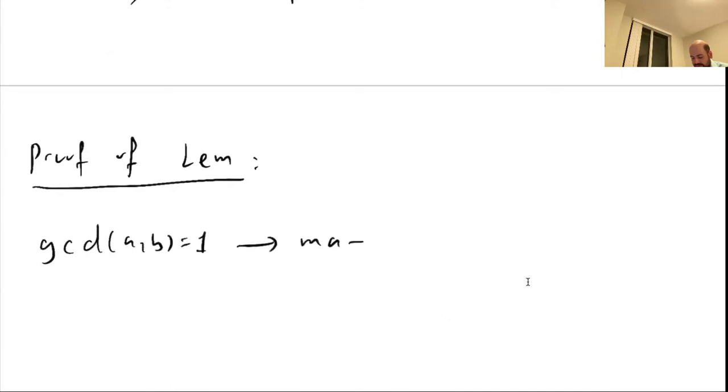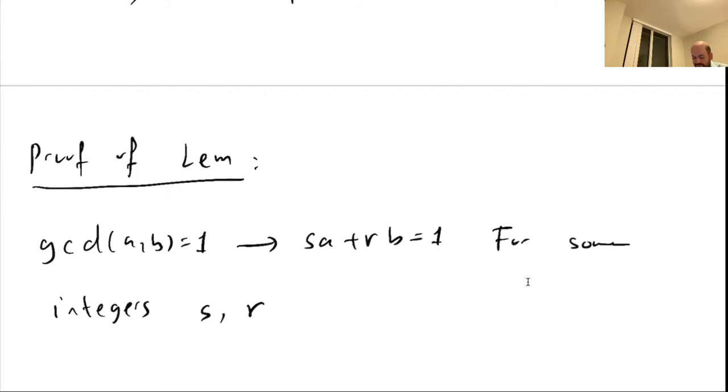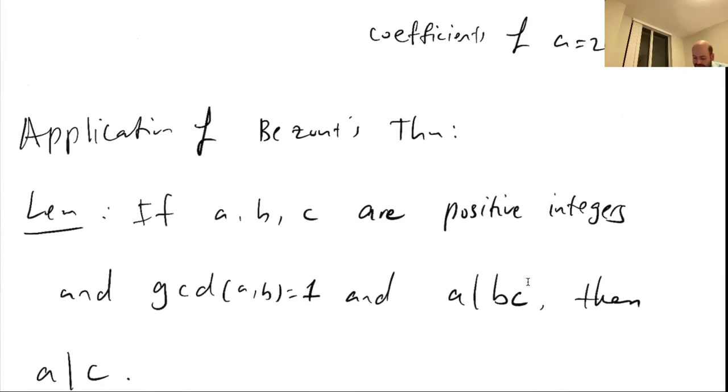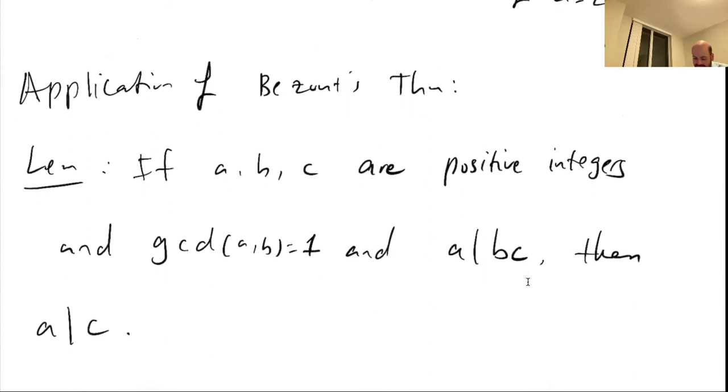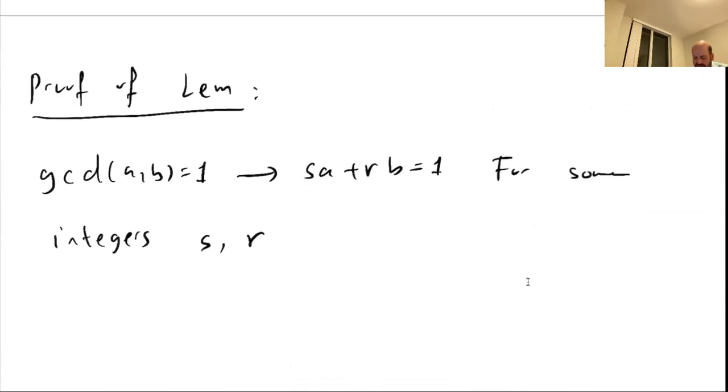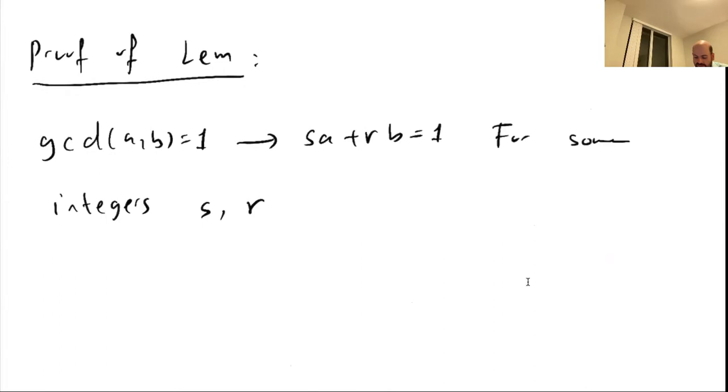So let's say SA plus RB equals 1 for some integers S and R. Now I need BC to appear, so why don't I multiply both sides by C? Multiplying by C, I get SAC plus RBC equals C.